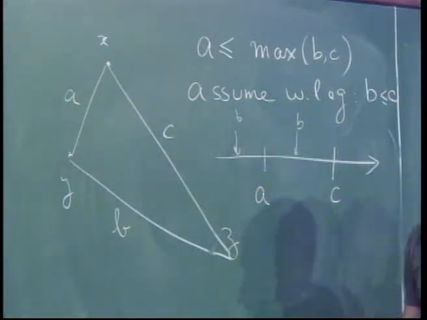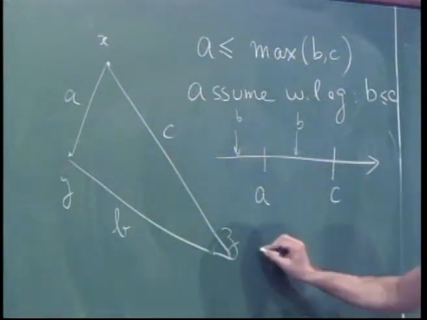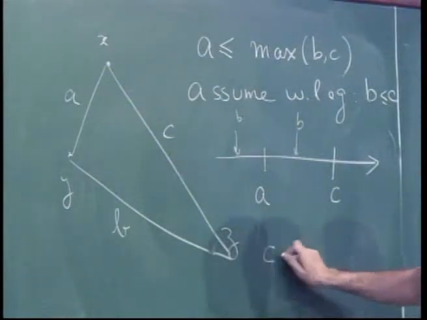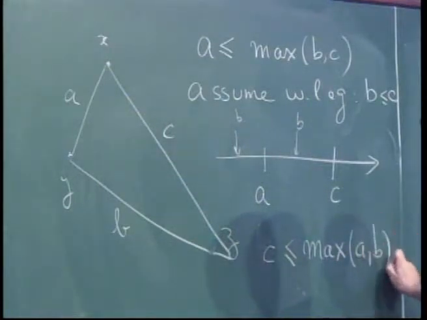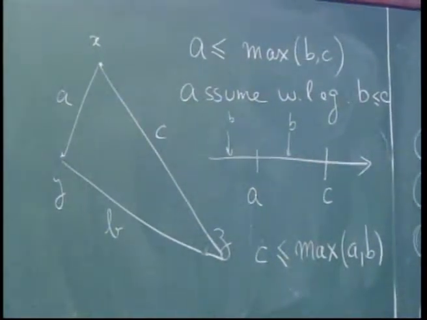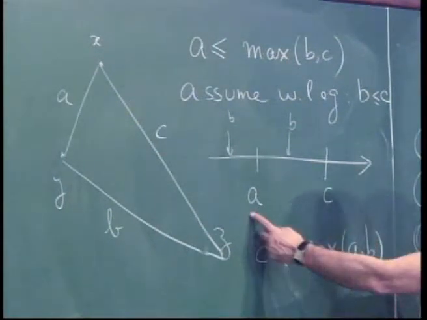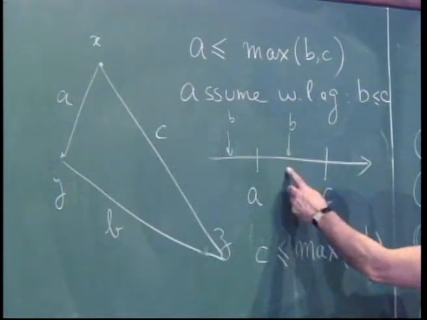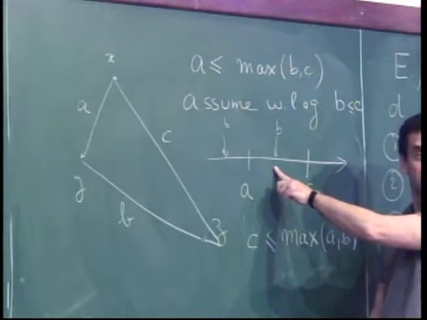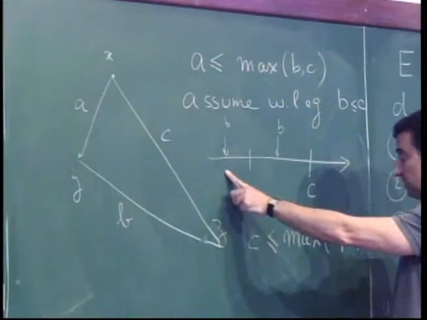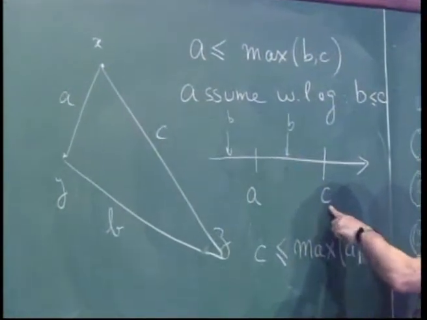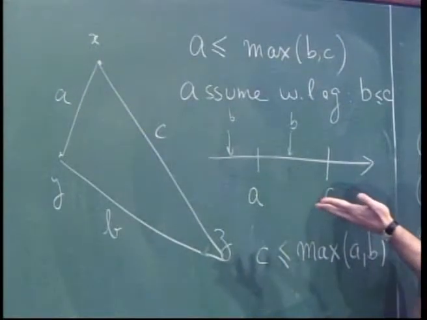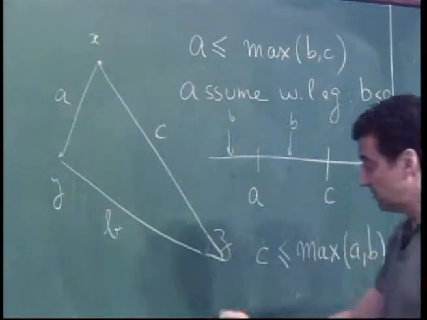Okay, now apply the ultrametric property again, for another side. Now, C is smaller than the max of A and B. Right? So where can B be? Now we know that A is here, so where can B be? We have trouble here. Right? B cannot be here. So either A was equal to C. So let's assume that A is not C. Okay, so I assume that A is not C.